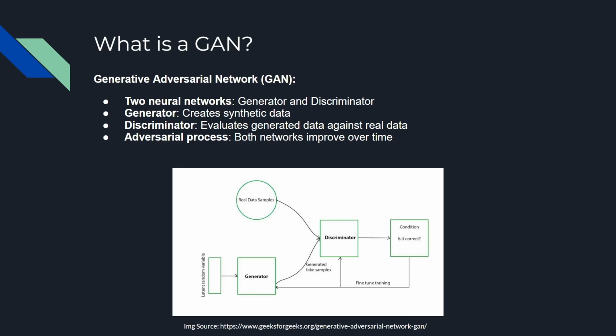And that's where the discriminator comes in. Its role is to evaluate the generated data and try to tell it apart from the real data. As they compete, the generator gets better at creating realistic data, while the discriminator becomes more skilled at spotting fake data. This ongoing competition pushes both networks to improve, ultimately leading to the generation of highly realistic synthetic data.